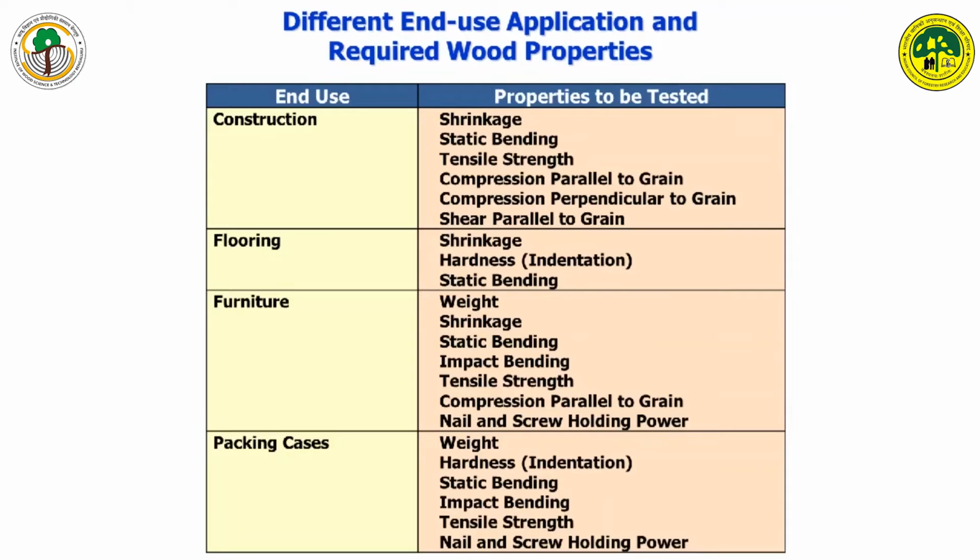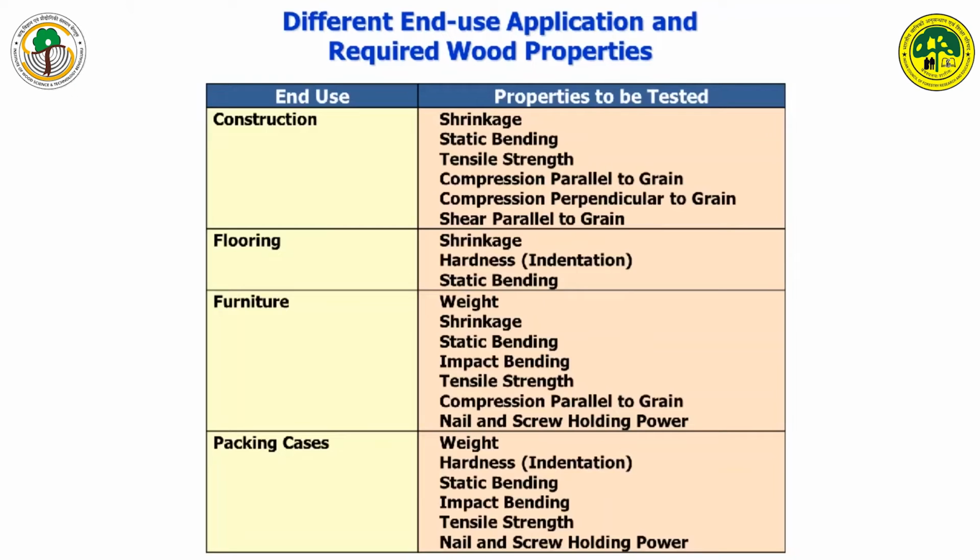So for construction, these are the properties which we have to test: shrinkage, static bending, tensile strength, compression parallel, compression perpendicular, and shear parallel. These are the properties which are absolutely needed to decide whether a timber can be used for construction or not. Similarly, for flooring, we have to study shrinkage, hardness, and static bending.